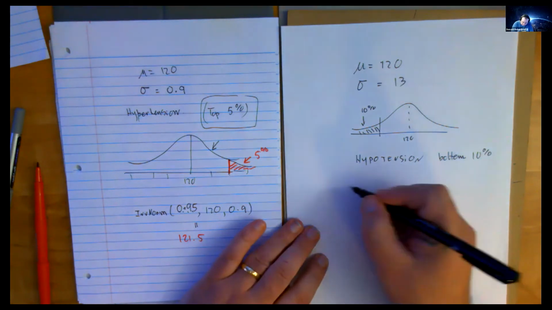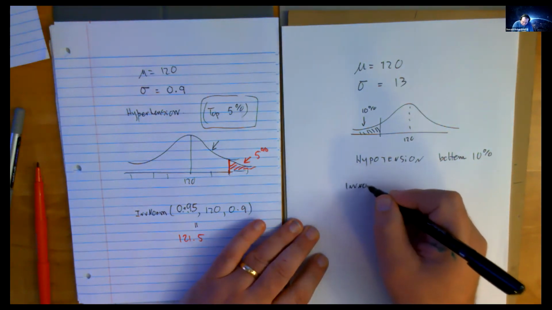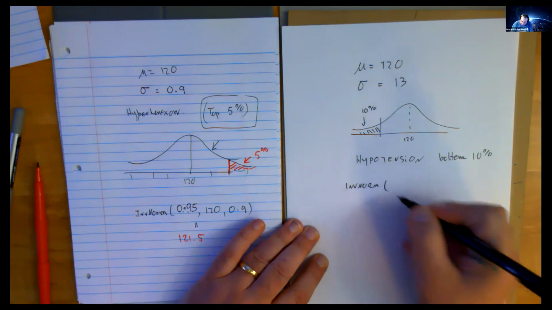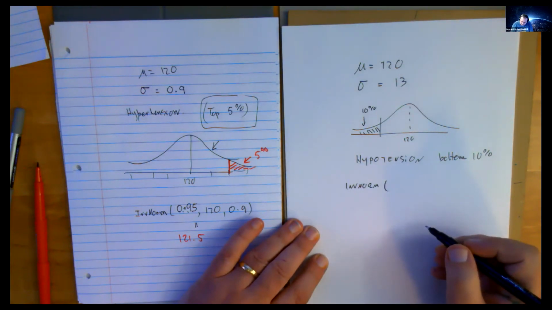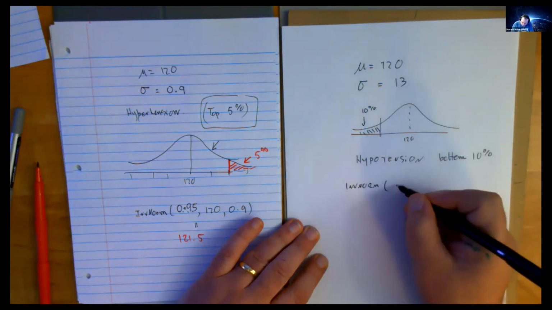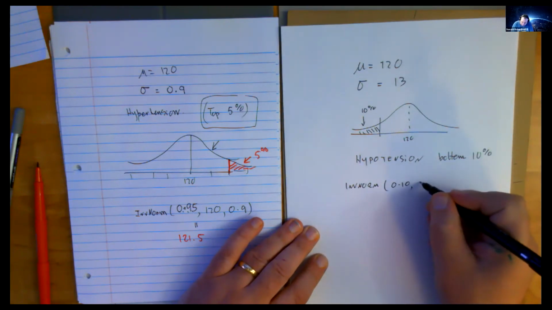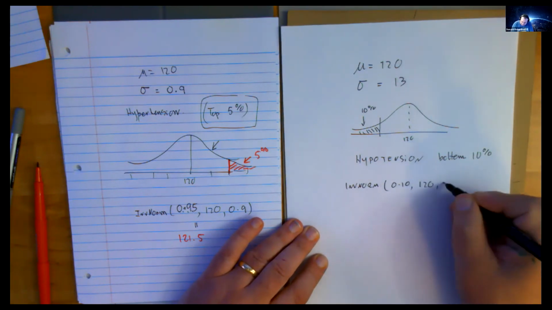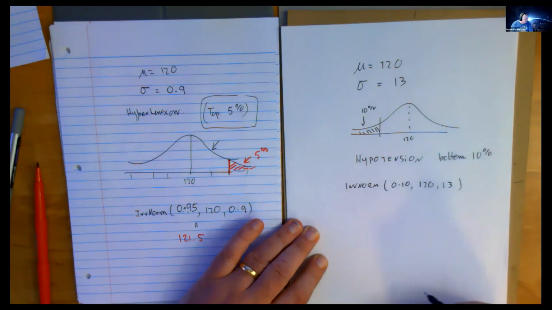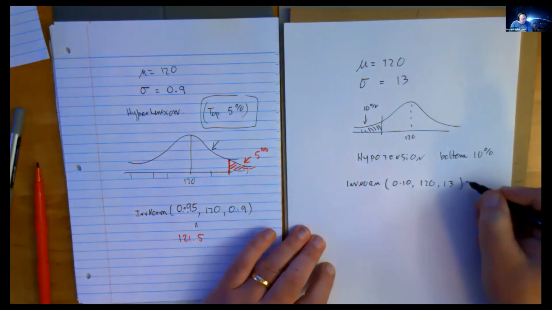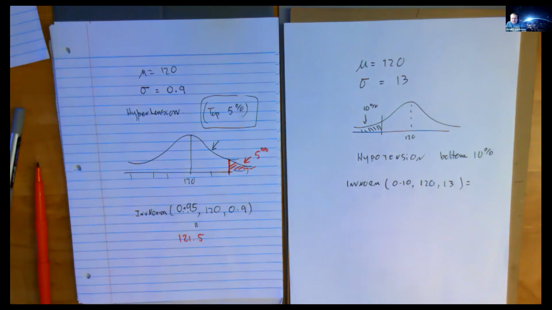So let's do an inverse norm. The number we're going to have is 0.10, which is 10%. The mean is going to be 120, and the standard deviation is 13. Can someone do that quick hit for me and tell me what number that corresponds to?